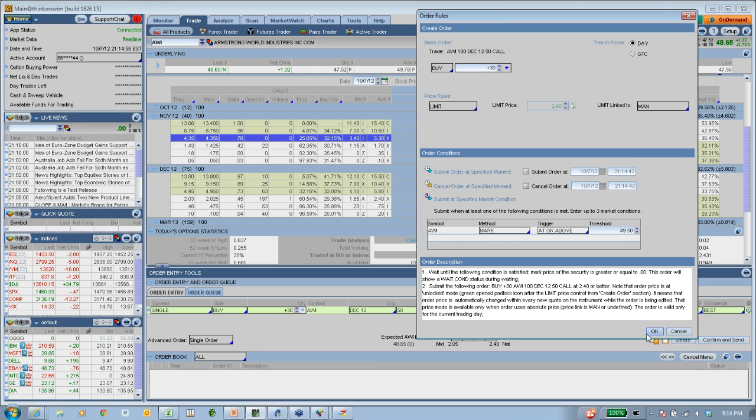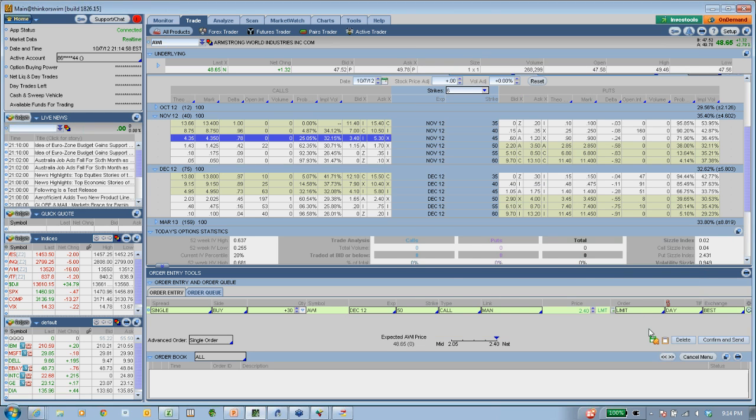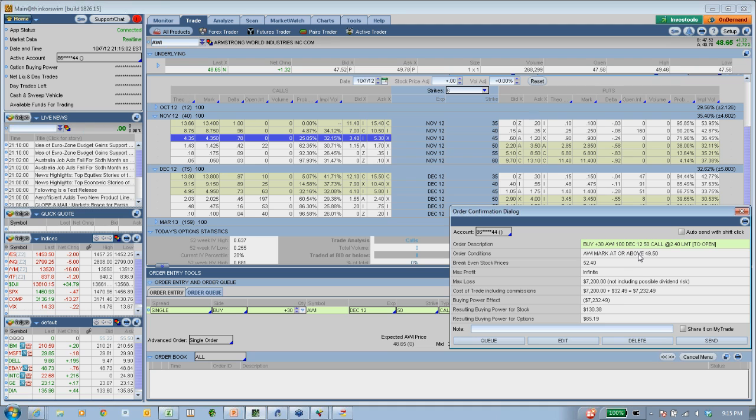And then I'm going to hit OK, and then I'm going to hit confirm and send. So that says I'm going to buy 30 of these calls tomorrow, December 50 calls at up to $2.40. The stock has to trade at or above 49.50. My breakeven is 52.40. Maximum profit infinite, maximum loss is 7,200.